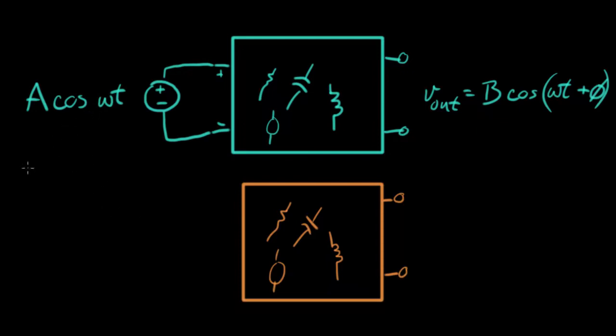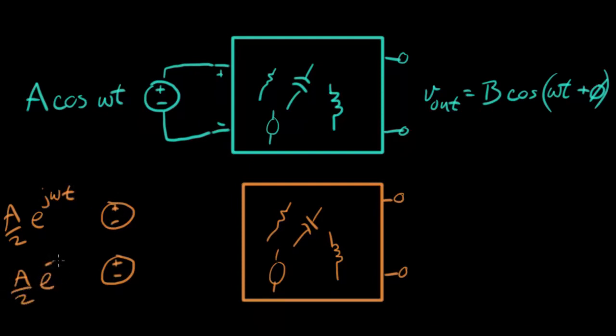We use Euler's formula. And we basically create two separate sources, and they're exponential sources. This is going to be A over 2 e to the j omega t. That's this source here. And this source here is A over 2 e to the minus j omega t.